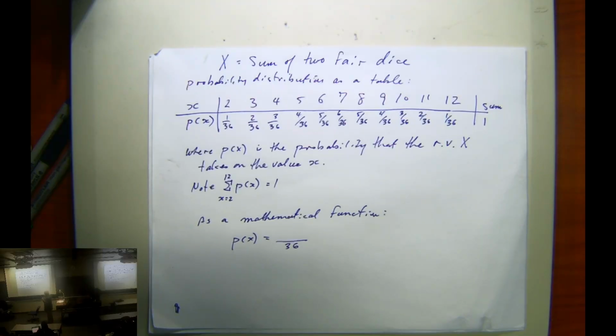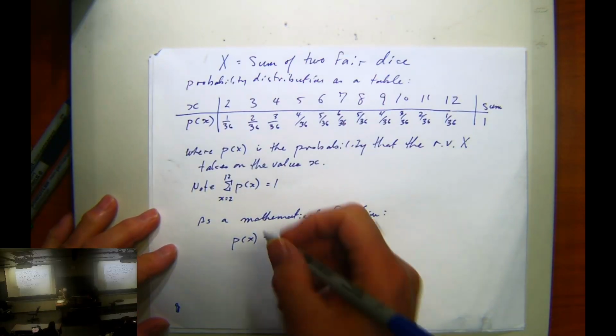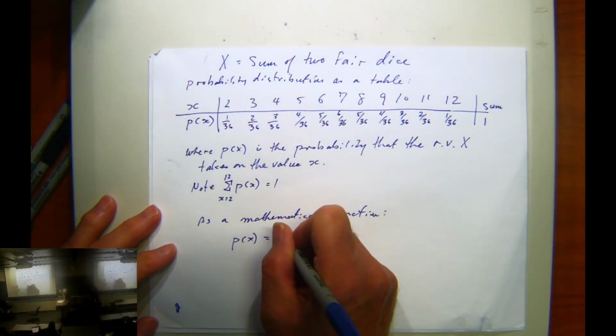But if I went to x equals 5, x equals 6, or x equals 8, I dropped from 6 down to 5 out of 36. So I lost one step as I went one step either side of 7. Then I went down 2 steps when I went 2 away from 7, and 3 steps when I went 3 away from 7, and so on. So if I think about that, I might come up with this.